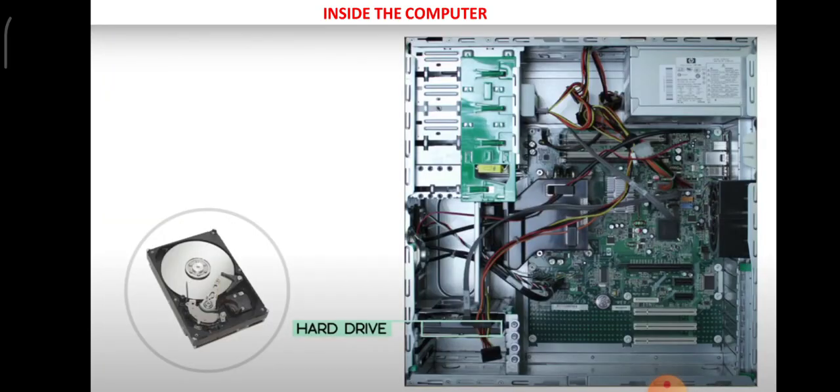Now hard disk. Hard disk is clearly given here. The files that you create will be stored here. So C drive is a hard disk. You may store it in D drive, E drive.